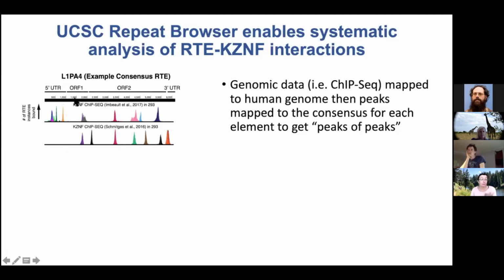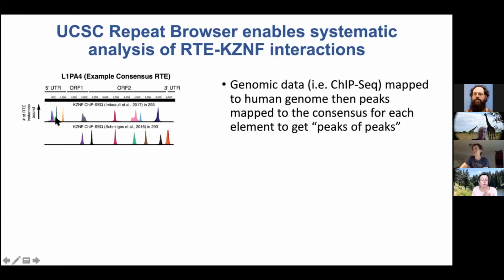And then you can map any genomic data back to these consensus sequences. The nice thing about that is, in essence, you are aggregating data. In this case, we're looking at ChIP-seq data from two landmark studies that performed ChIP-seq on over 100 KRAB zinc finger proteins in each study.